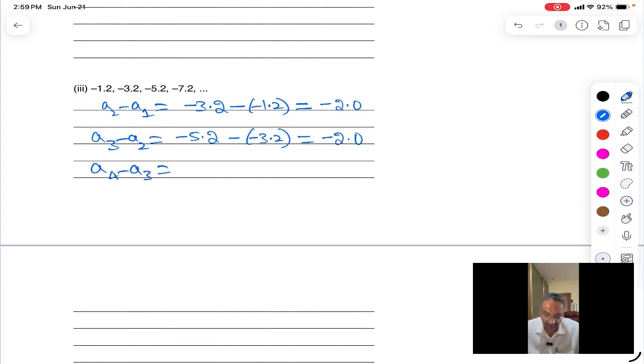In the same way, let's look at a4 minus a3. a4 minus a3 is equal to minus 7.2 minus of minus 5.2, which is equal to minus 2.